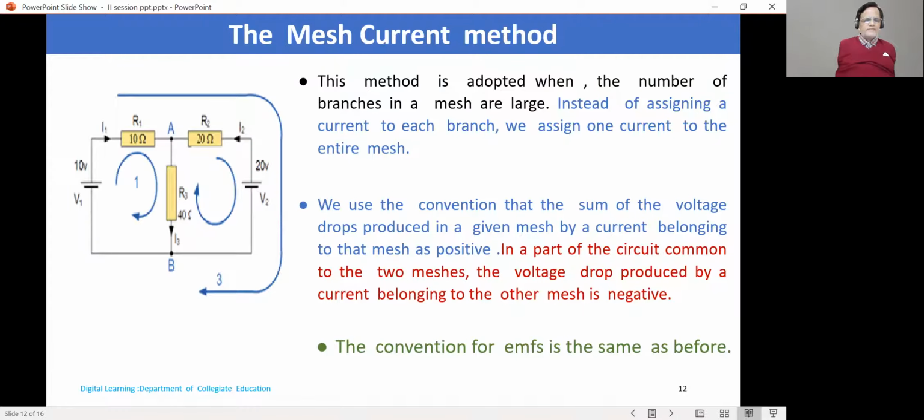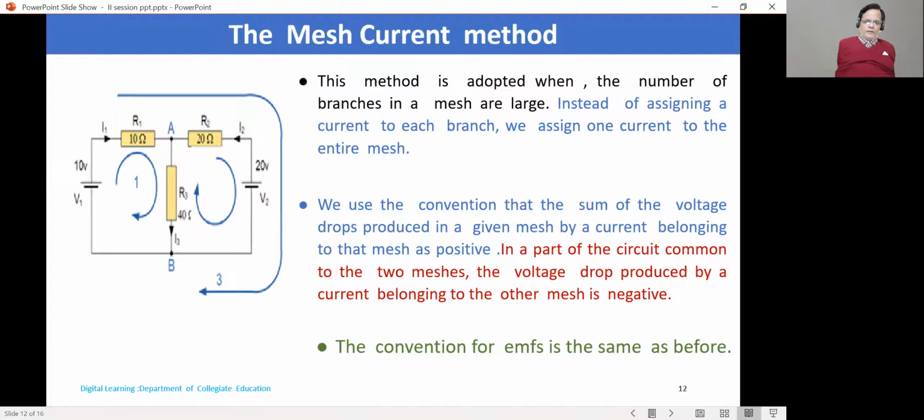As far as EMFs are concerned, we adopt the same convention as before. If you go through a battery from its negative pole to the positive, the EMF is positive. If we go through a battery from its positive pole to the negative, that EMF is taken with a negative sign.